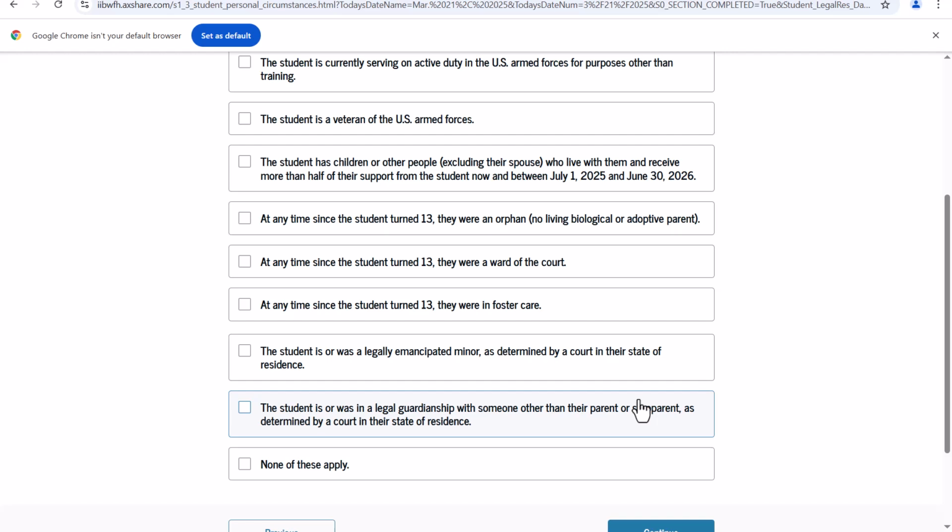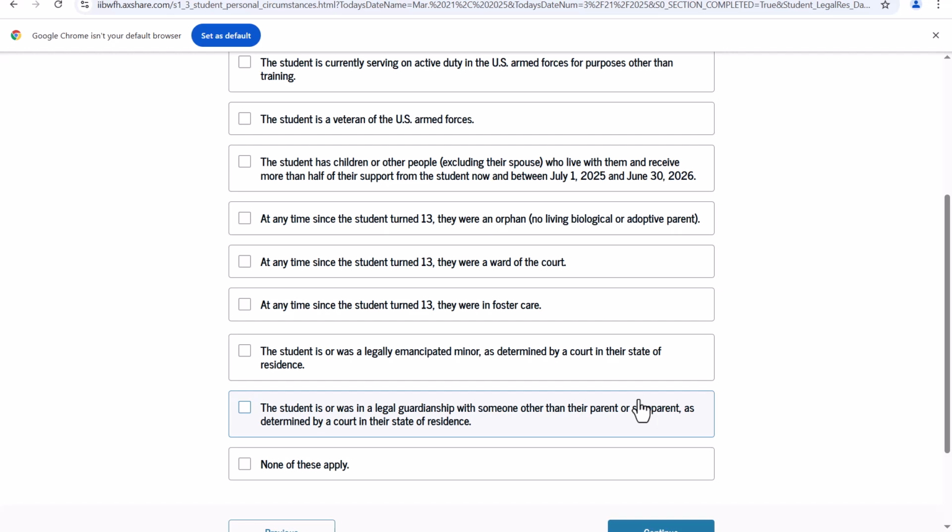And then lastly, the student is or was in legal guardianship with someone other than their parent or step-parent as determined by a court in their state of residence. It is important to understand that this is asking about legal guardianship and not legal custody.